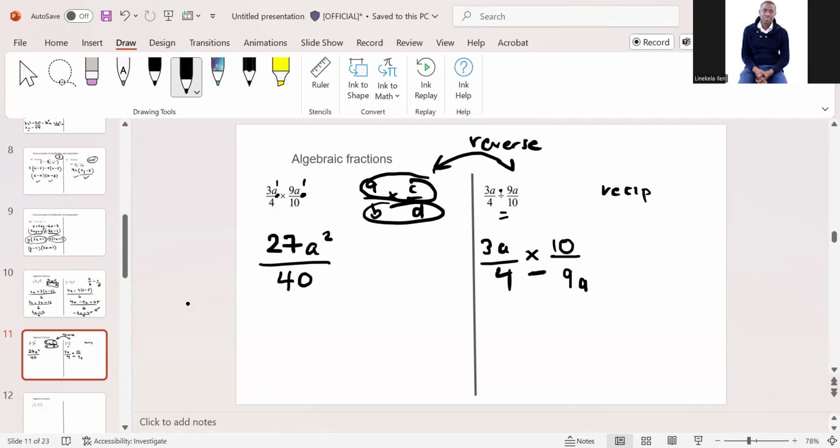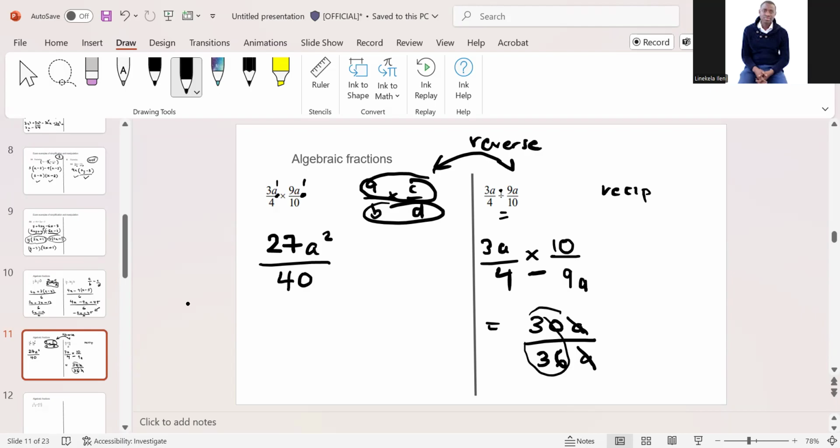Please, this is not a negative. I'm just indicating that you need to multiply. So that will then end up being 30a divided by 36a. And clearly, here you can see I have a and a on top and bottom, so this will cancel out and this can simplify.